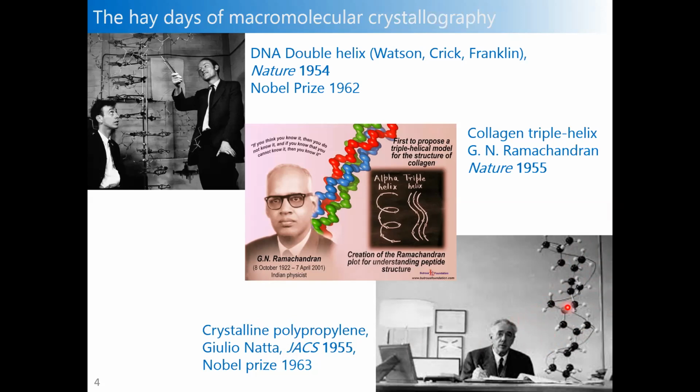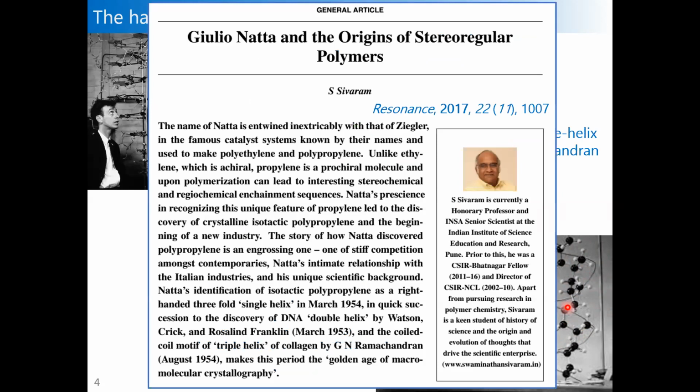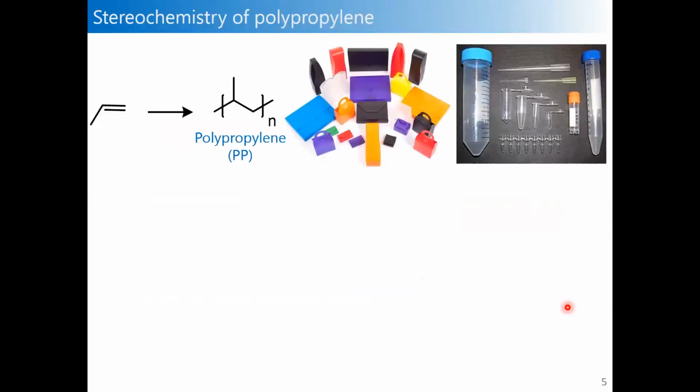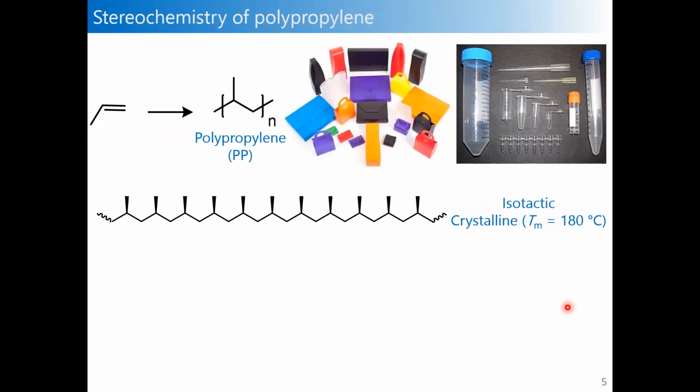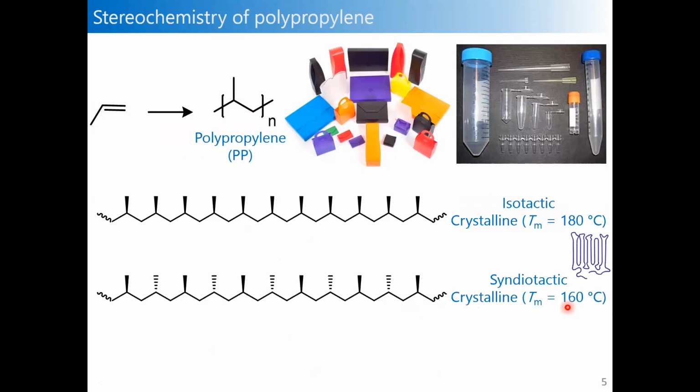If you are more interested, you can go through this very nice article on the origin of stereoregular polymers, but I'll not get into this. Polypropylenes, which we come across in day-to-day life, show how chirality plays a very important role even in material properties.